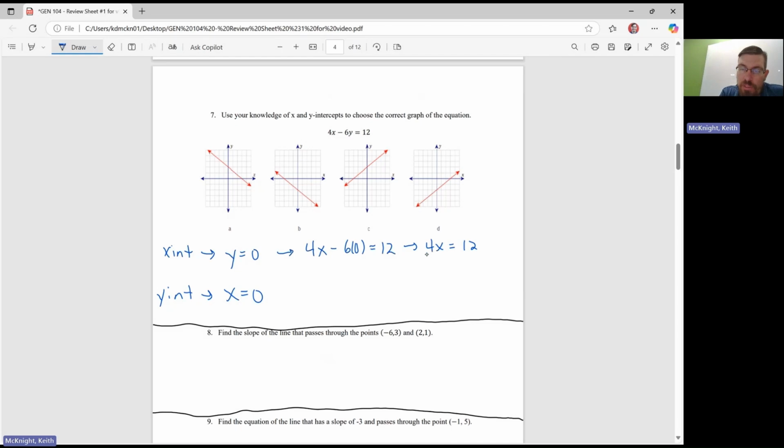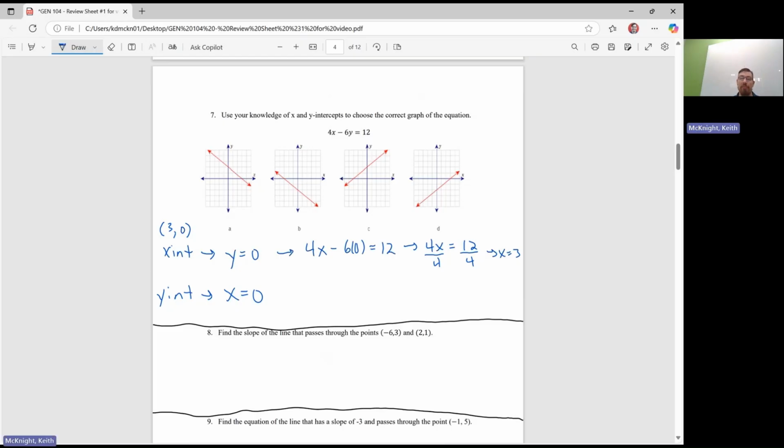We divide both sides by 4 to get x by itself, and that tells us that x is equal to 3. So we found our x-intercept. It's 3, which we write as the ordered pair (3, 0), because we plugged in 0 for y and got 3 for x.